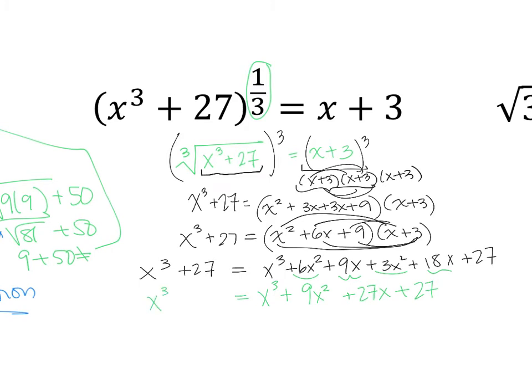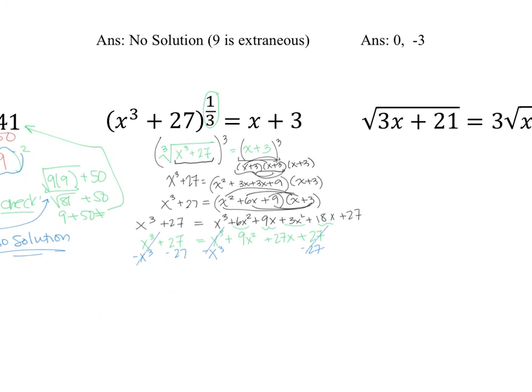This is x cubed plus 27. So then we can subtract the x to the third, that cancels those out. We can subtract 27, that cancels those guys out. And so all we have left is 0 equals 9x squared plus 27x.